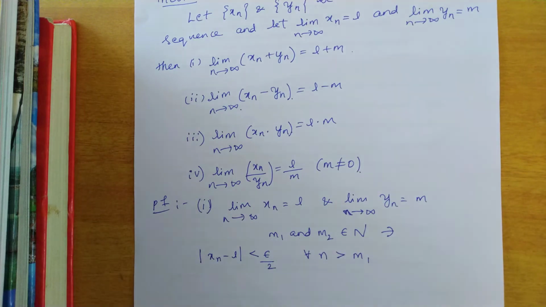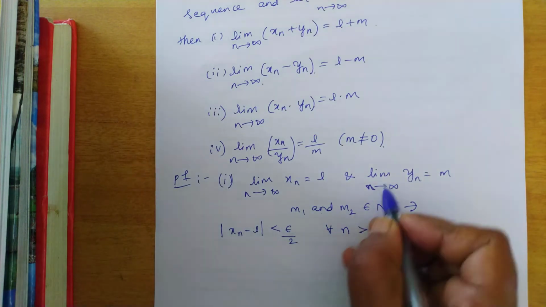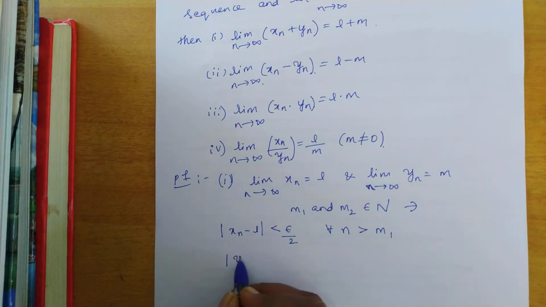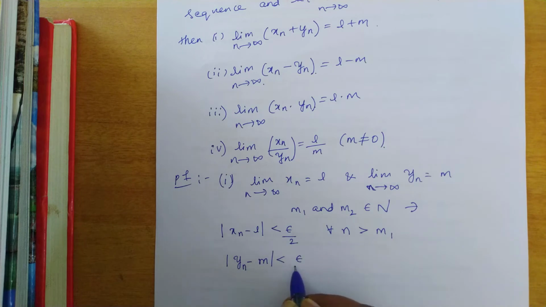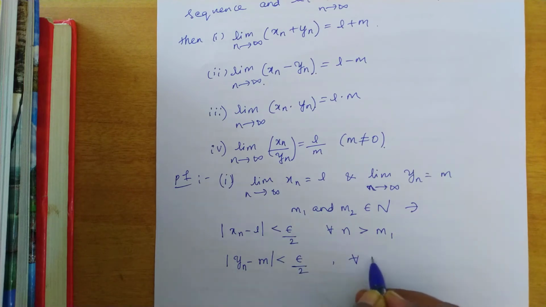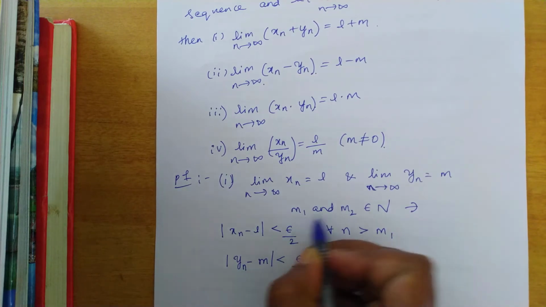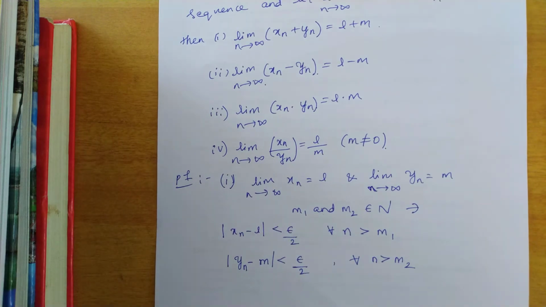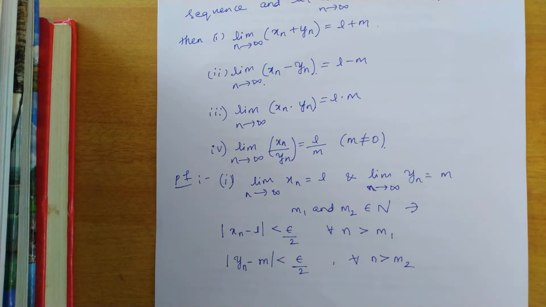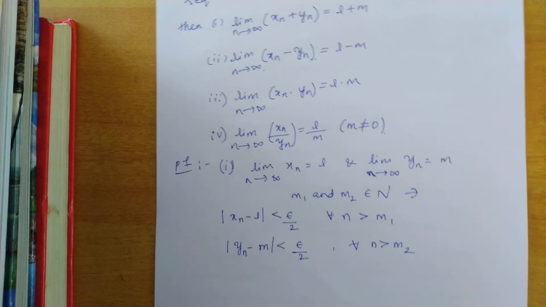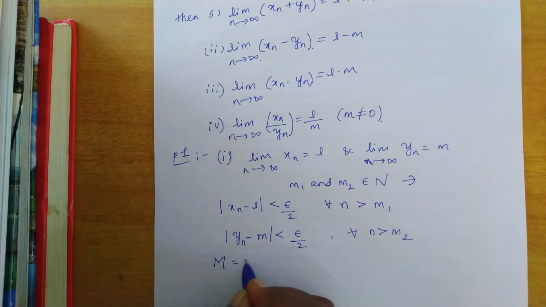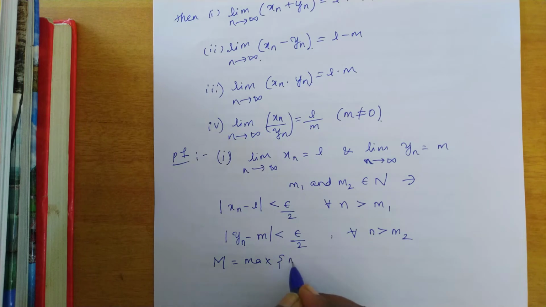Similarly, for the other convergent sequence, I can write modulus of yn minus M is less than epsilon by 2, for all n greater than m2. We consider two quantities m1 and m2 in the natural number set. Now let me take capital M, which will be the max of m1 and m2.